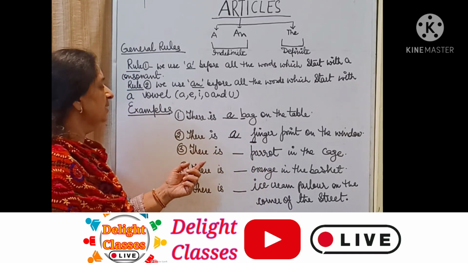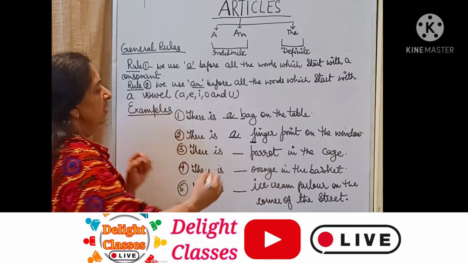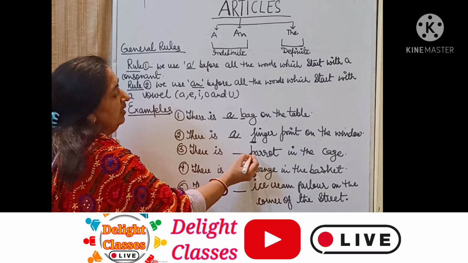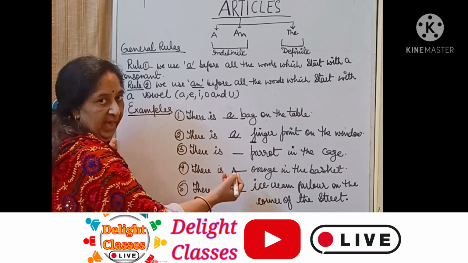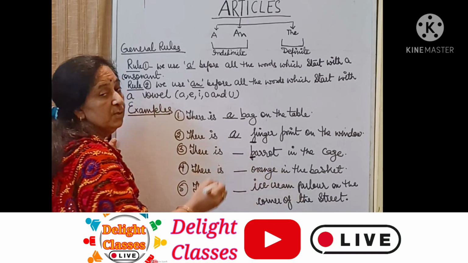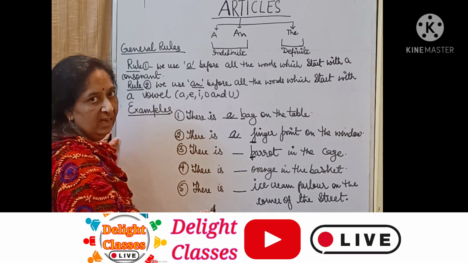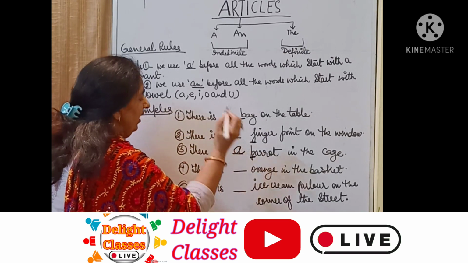Third example is, there is a dash parrot in the cage. So after the blank, the first word is parrot, and the first letter of parrot is P, which is a consonant. So we are going to fill the article A before it.